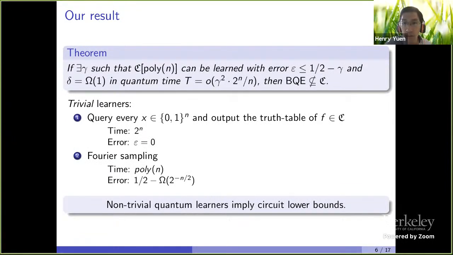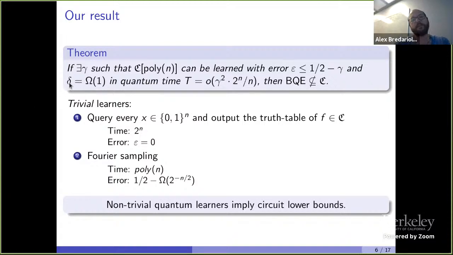There's another question from the Q&A. Ronald asks, regarding the second trivial learner, Fourier sampling returns an S such that chi sub s or minus chi sub s has error at most 1/2 minus omega 2 to the minus n over 2, but how do you know which one? Oh, so yeah, that's why, sorry, I forgot to talk.